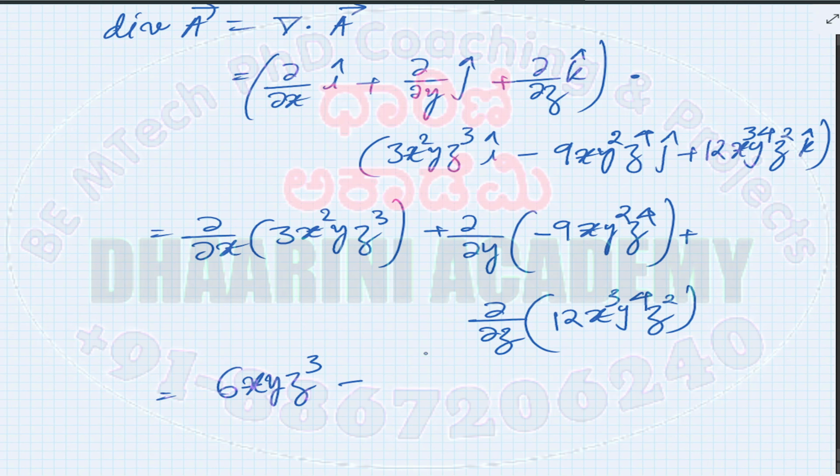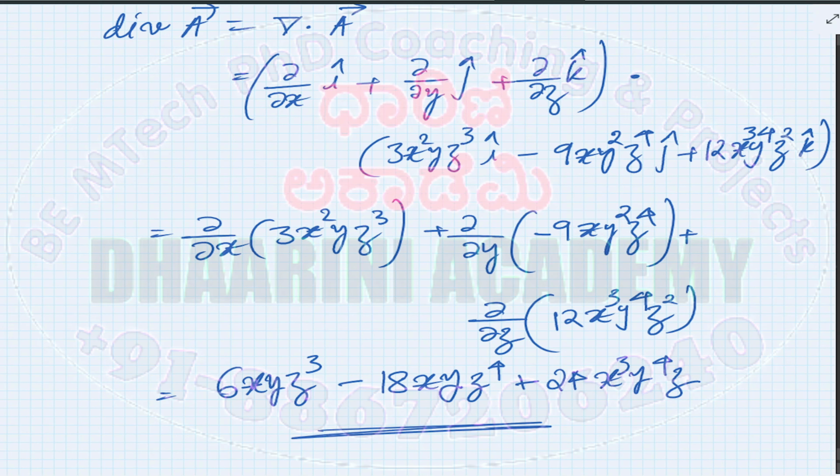So 9 into 2 is 18. So minus 18 x as it is, y and z⁴. And the last term, this is plus, I am differentiating only z, right? So z² becomes 2z. So 2 into 12 is 24x³y⁴z. This is the final answer, which is divergence of A vector.